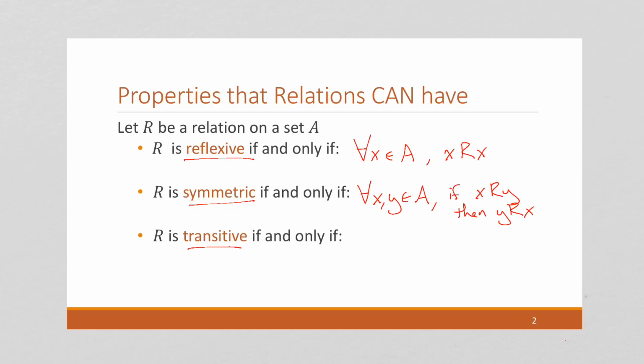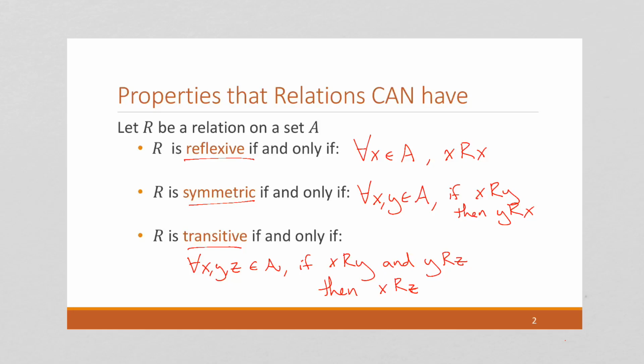And transitivity, we say for all x, y, and z in A, if x is related to y and y is related to z, then x is related to z. In other words, the relationship follows through or passes through the variables. And we'll see an example of this.